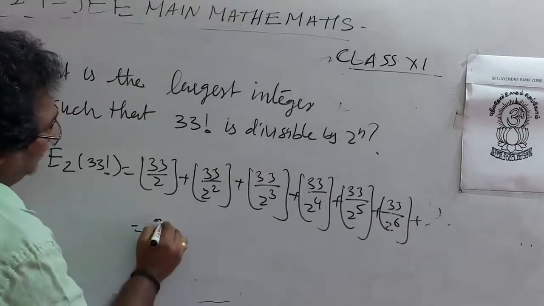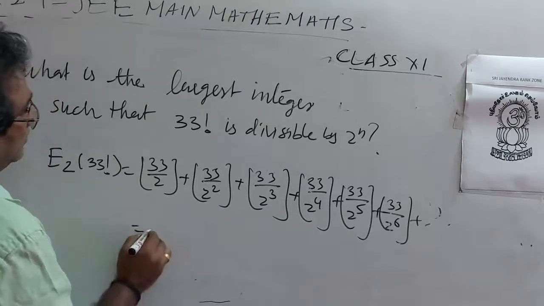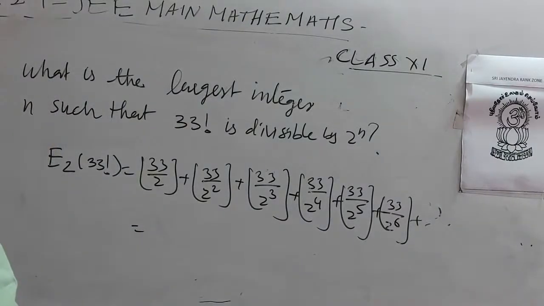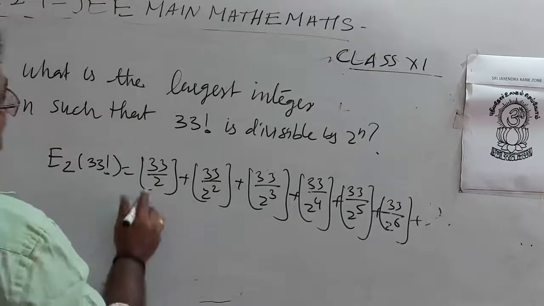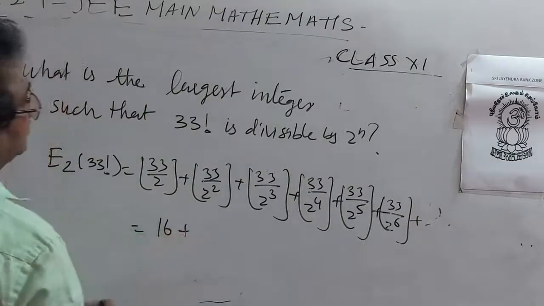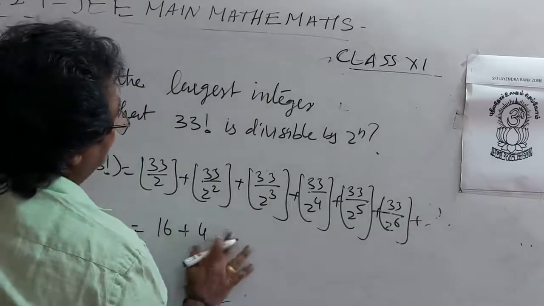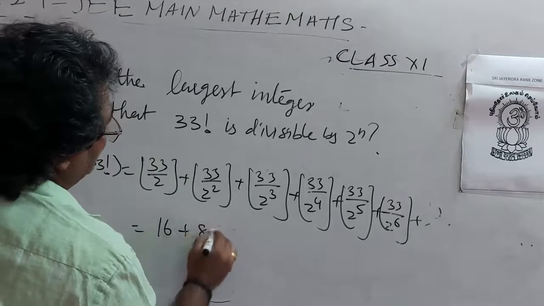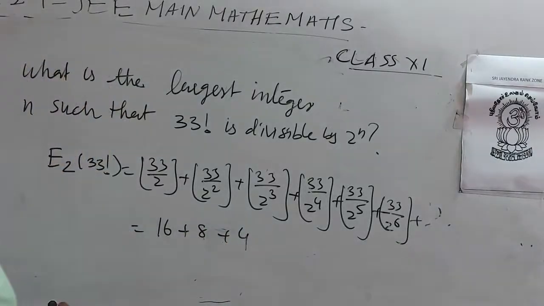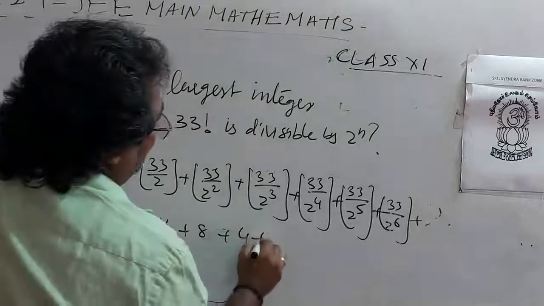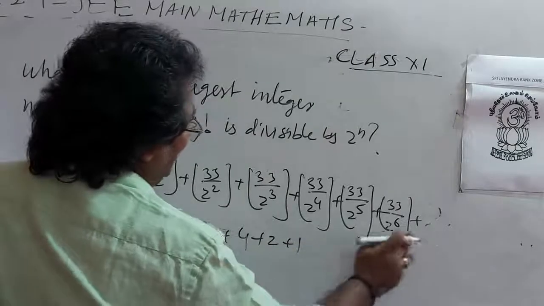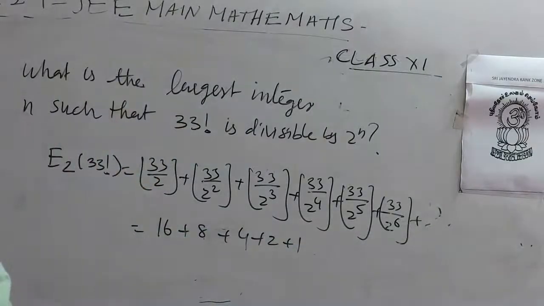So 2 power 5 is 32. Here 16 times, then 8 times, here 4 times, 2 times, 1 time, and the remainder will be 0.